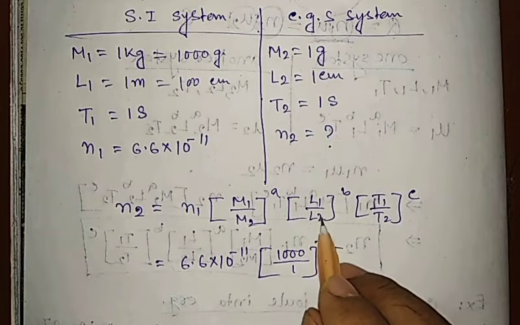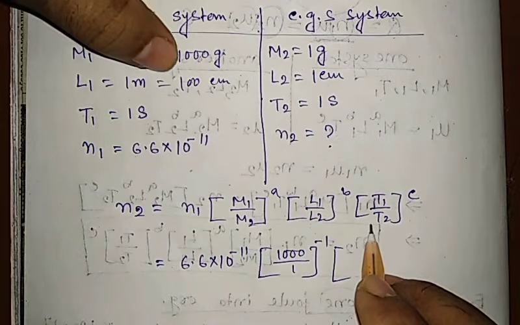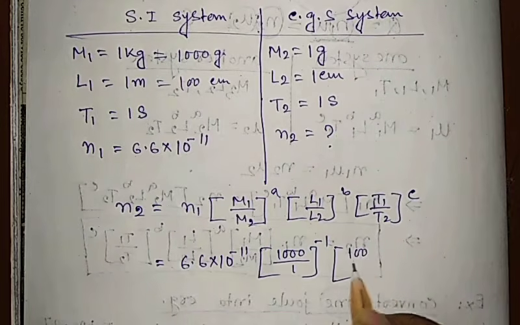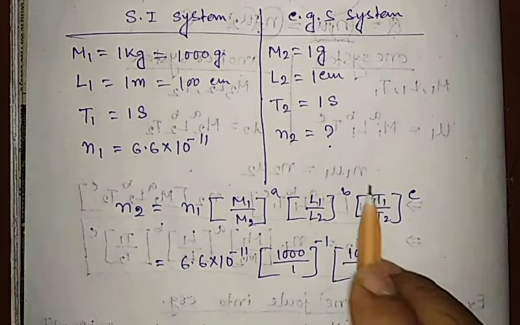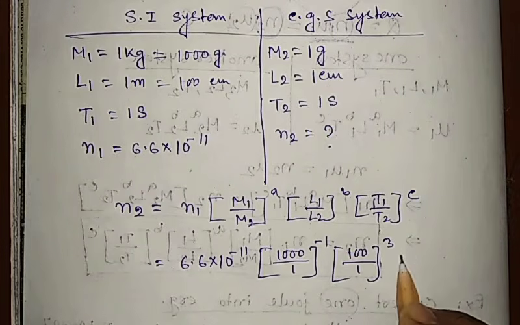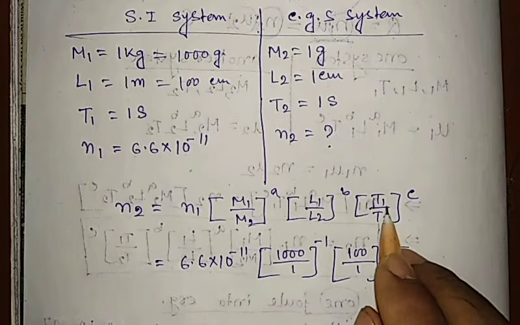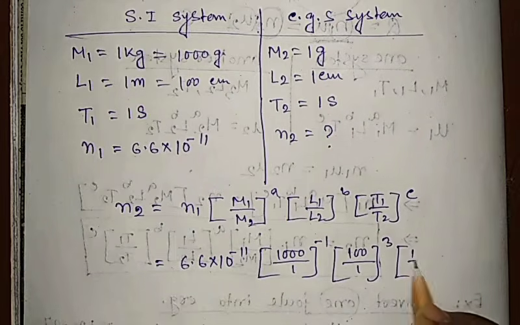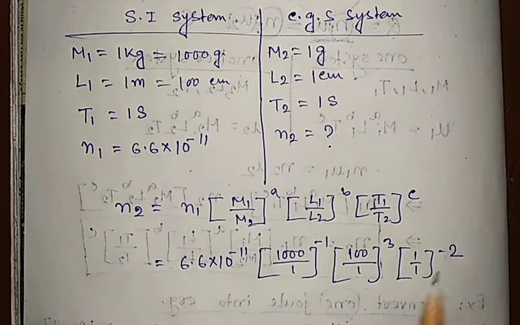This is L1 by L2. L1 means 100 by L2, L2 means 1, divided by whole to the power cube, and T1 by T2, 1 by 1 whole to the power minus 2.